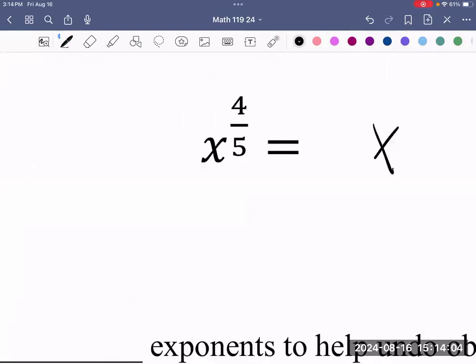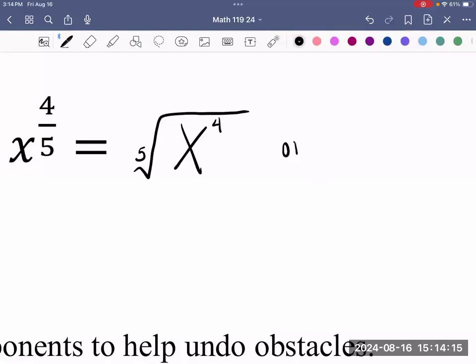Well, we start with your x. Your 5 goes on your radical, and your 4 goes on top of your variable. Now you could also rewrite it as the 5th root of x to the 4.